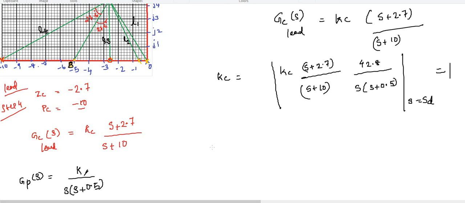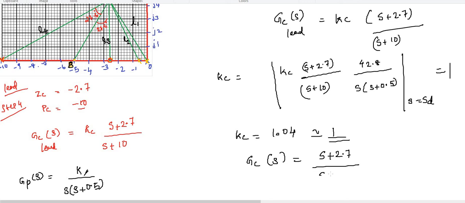If you substitute in this equation, you will get the value of Kc as 1.04, which we can write approximately as 1 or unity. So our compensator is now GC of S is equal to S plus 2.7 divided by S plus 10.